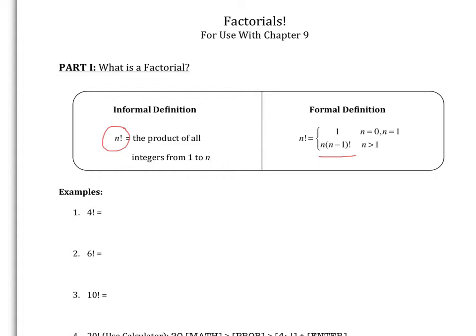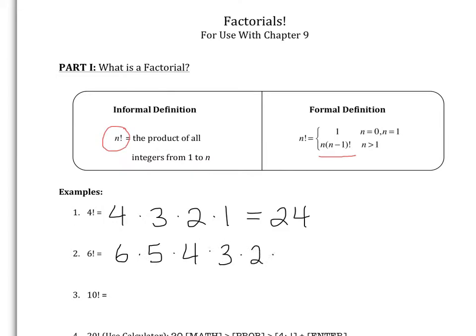So, for example, if you look at number 1, 4 factorial really means 4 times 3 times 2 times 1, which comes out to be 24, right? 6 factorial is 6 times 5 times 4 times 3 times 2 times 1, which, if you notice right here, is 4 factorial.